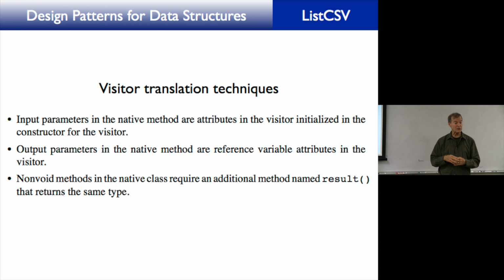But when is the constructor called? That's when the user instantiates the user's visitor. The user knows what parameters to give to the method, so the user just gives those parameters to the constructor, and that's how those attributes get set. So the input parameters in the native method are attributes in the visitor initialized in the constructor for the visitor.